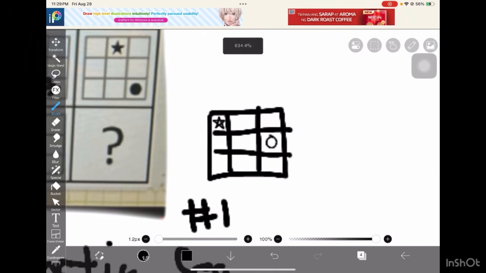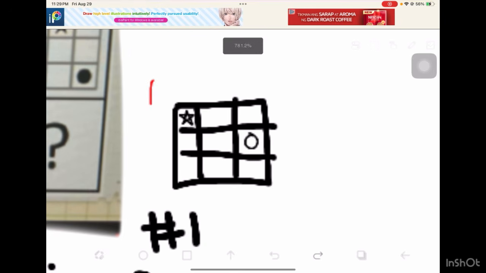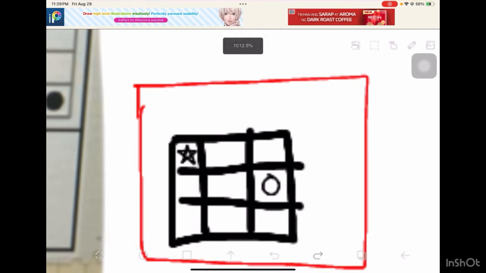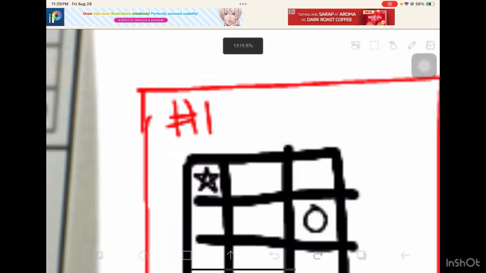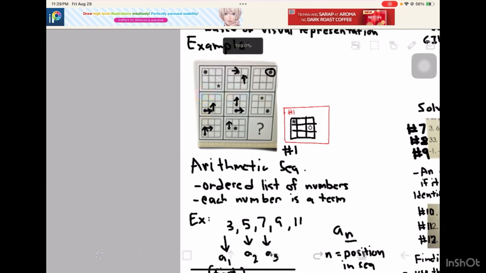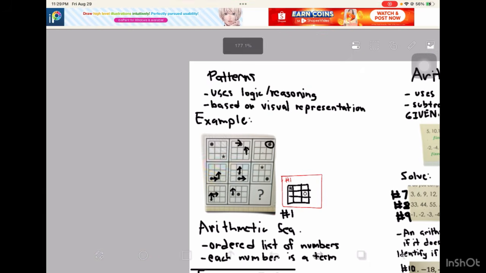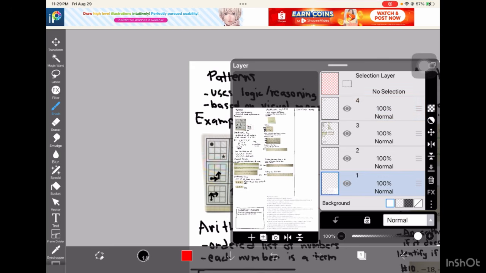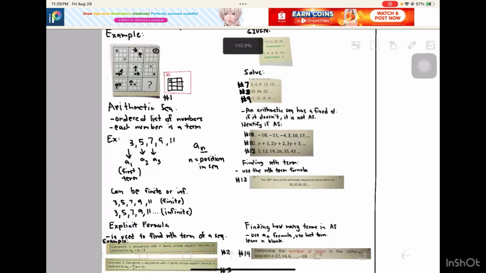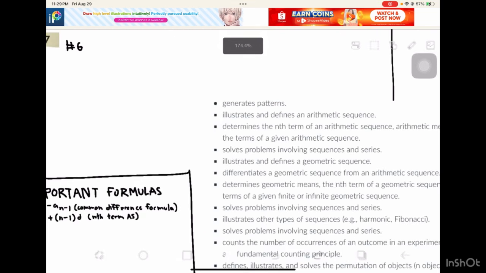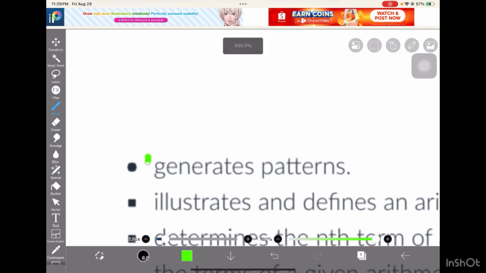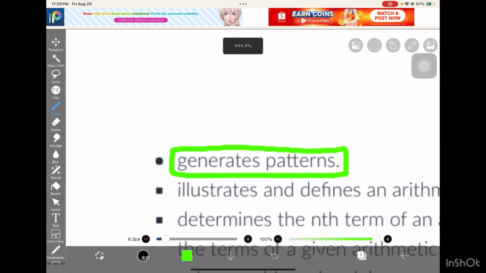This would be our correct answer for number 1. I will box all of our answers in red as well. So that's how we generate patterns. It's mostly based upon logic, so all you really need to do is a bit of analysis, and you will get the right answer.